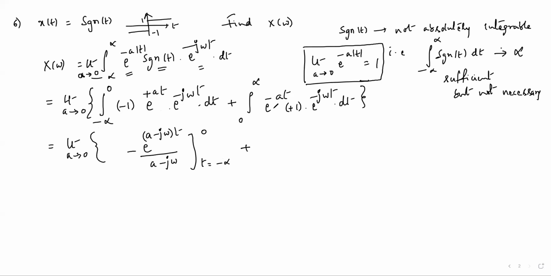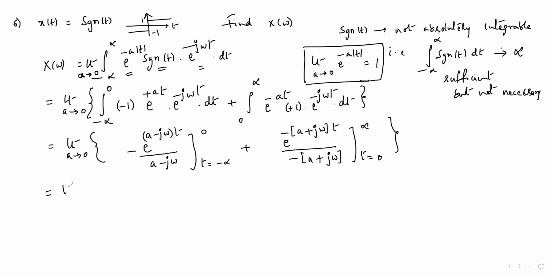Second term, combining the exponentials, what we get? E to the power of minus of a plus j omega t. After integration, we'll get in the denominator minus of a plus j omega, and the limits of t are 0 to infinity in the second term.